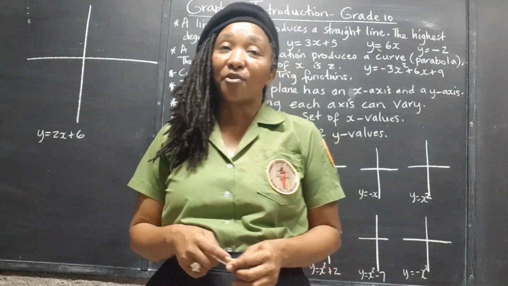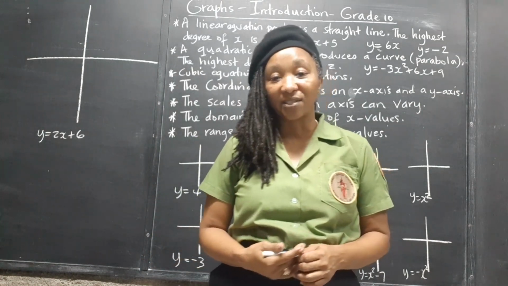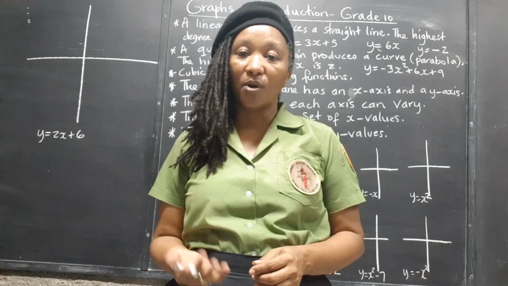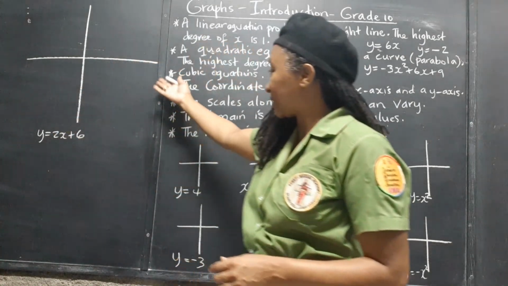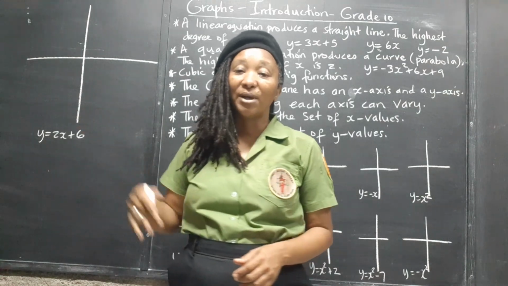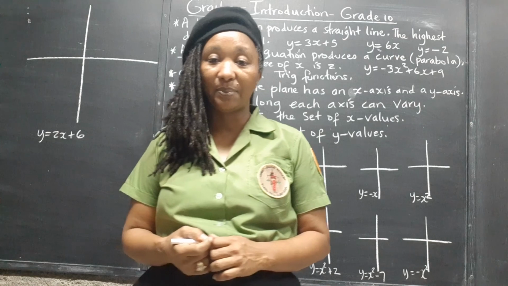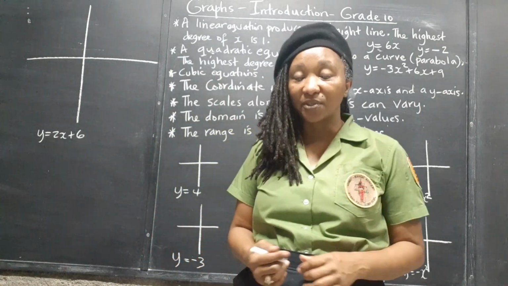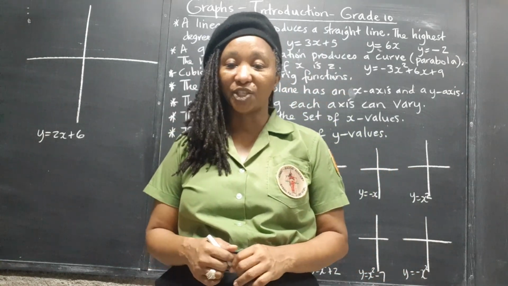Well, the graph that we do at this level, we express on what we call the Cartesian plane or the coordinate plane, right? So this is the simple form of it that I have here, and I'm going to explain the different features of the coordinate plane, which was named for René Descartes, who was a French mathematician.